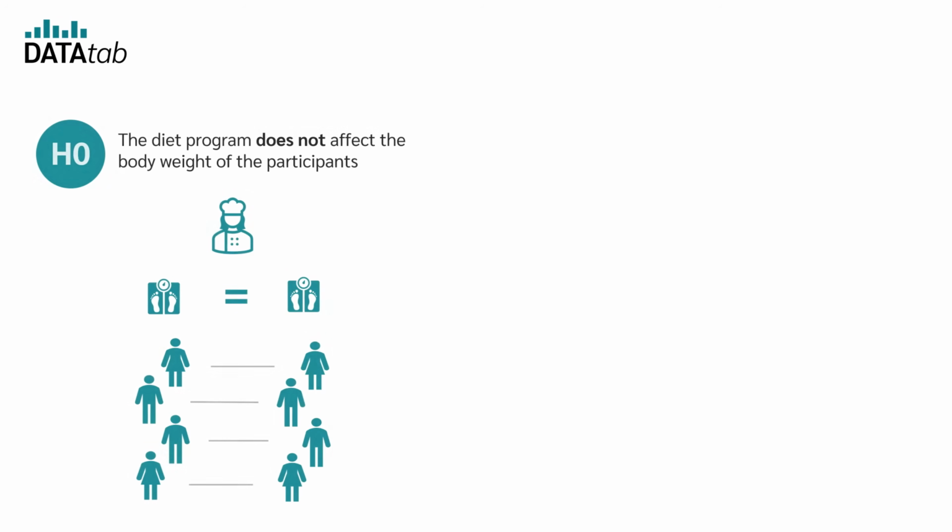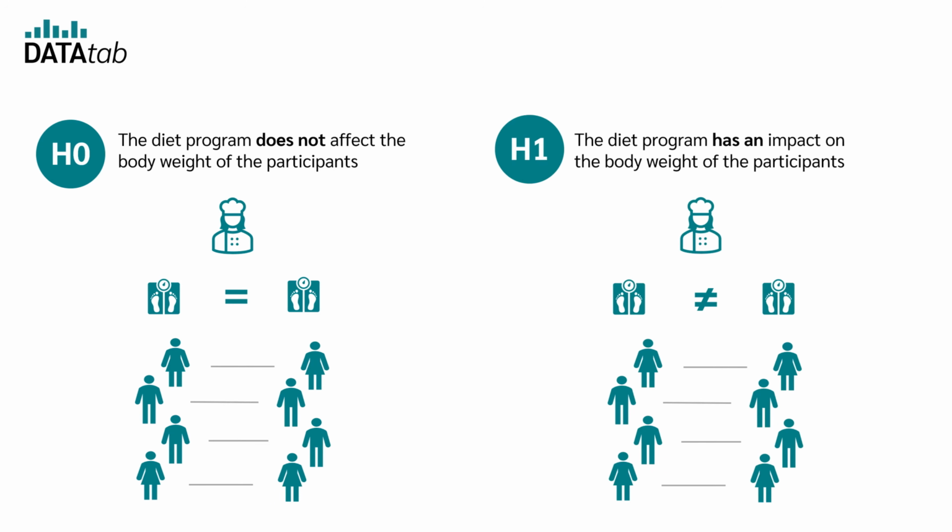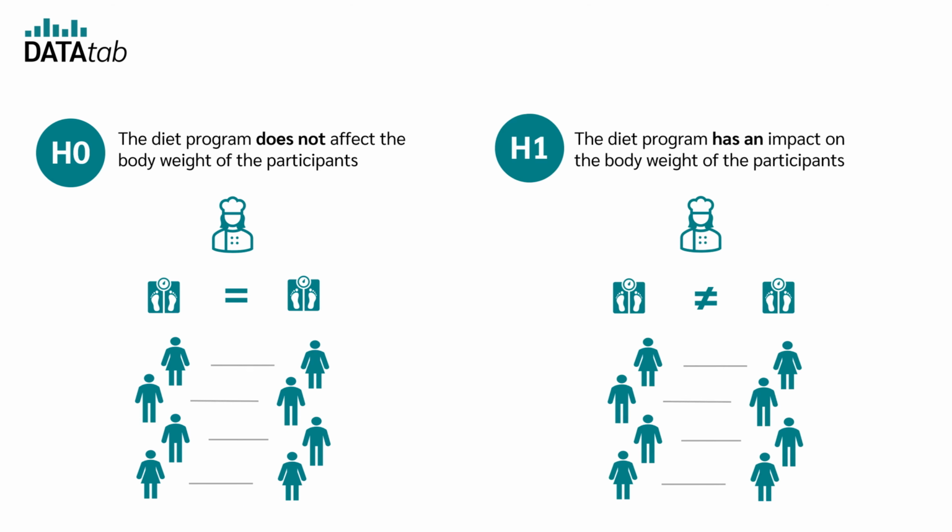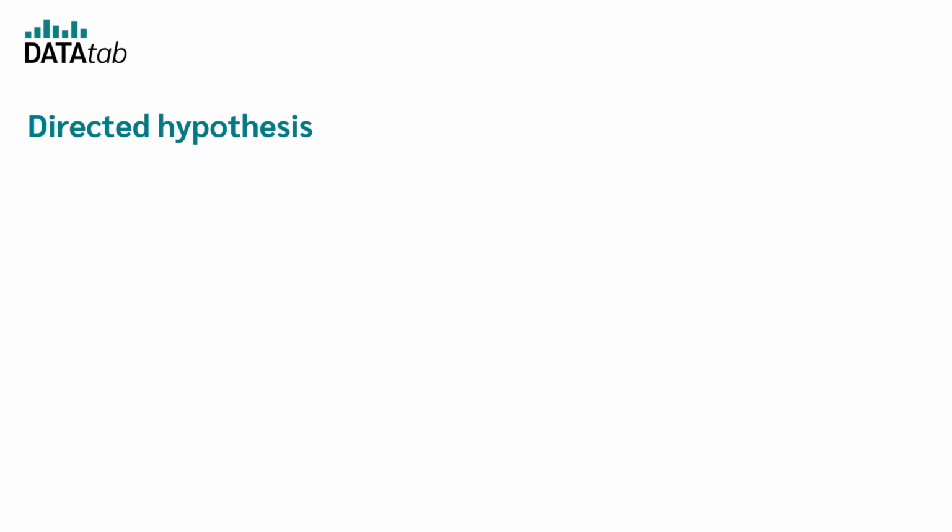Your null hypothesis is the diet program has no significant effect on the body weight of the participants. And your alternative hypothesis is the diet program has a significant effect on the body weight of participants. Of course, you could also make directed hypotheses.